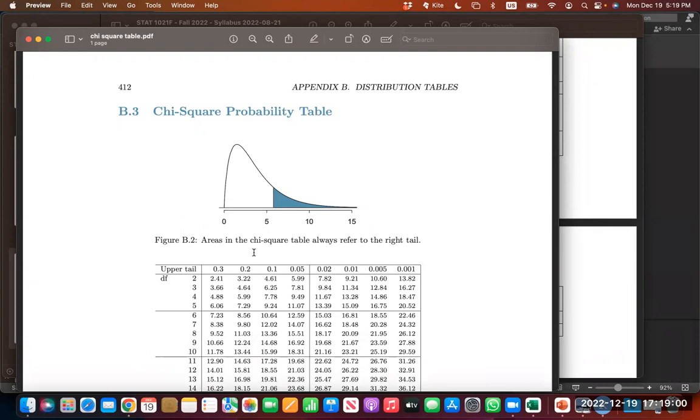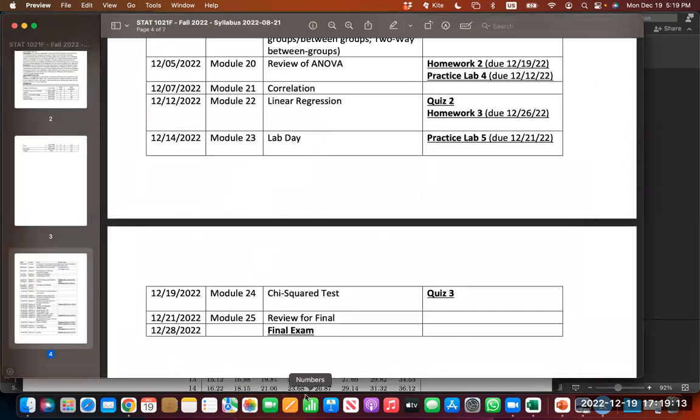If our calculated chi-square exceeds this critical value, then we will reject our null hypothesis. Simple principle. It's a straightforward test, with some subtleties in a multi-level comparison.